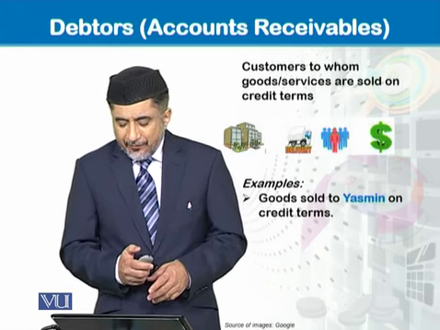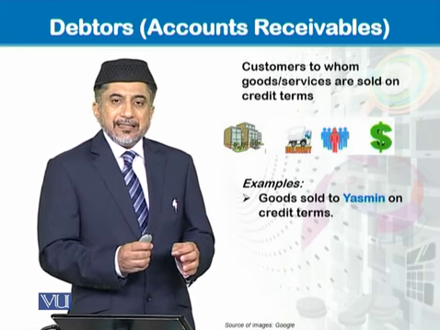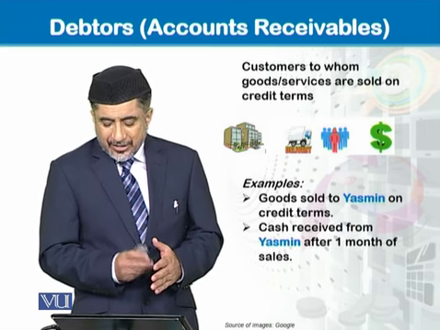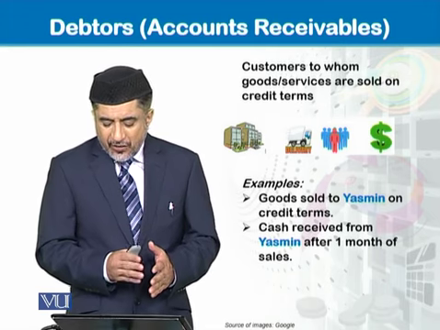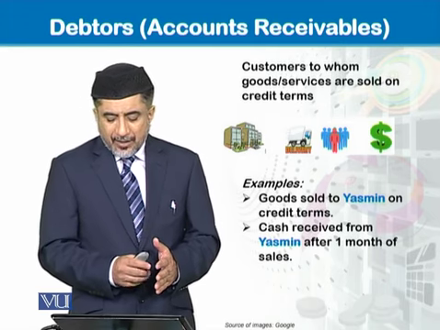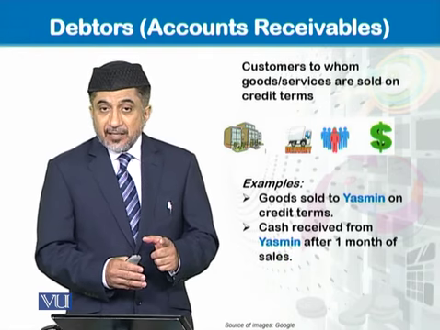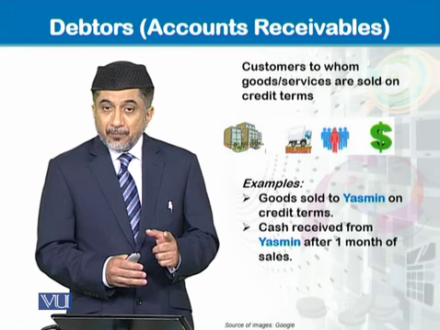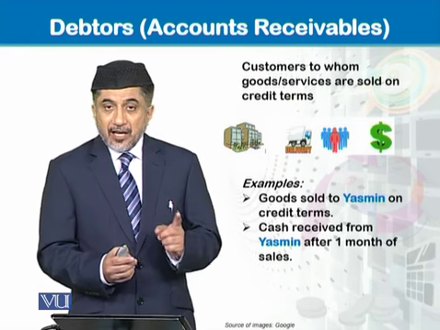So, for example, goods sold to Yasmin on credit terms. So here, Yasmin is a debtor, and cash received from Yasmin after 1 month of sales, again, Yasmin is a debtor who is making payment to us, or we are receiving cash from Yasmin after 1 month.